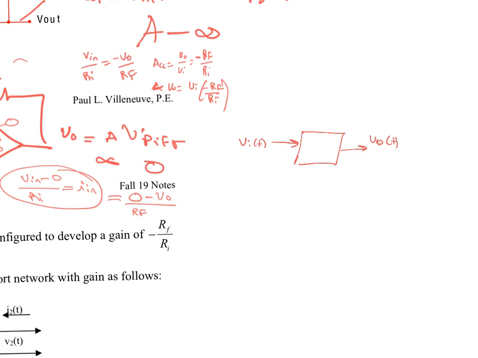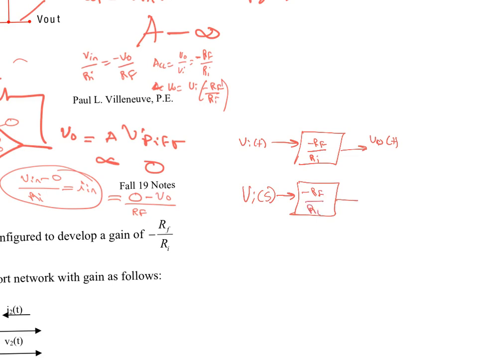And my transfer function, which transfers the input to the output, is I'm just going to take my voltage and multiply it by negative RF over Ri. So when you have a block diagram approach like this, where you just draw it as a box, you're multiplying the signal. What is better for me, though, is to actually do it in the Laplace domain.